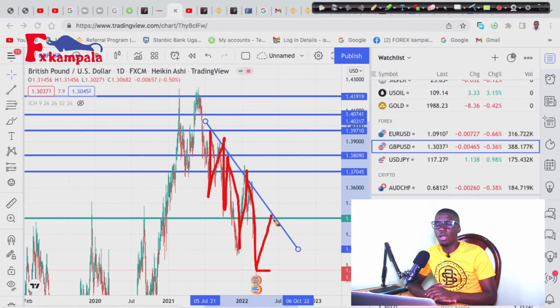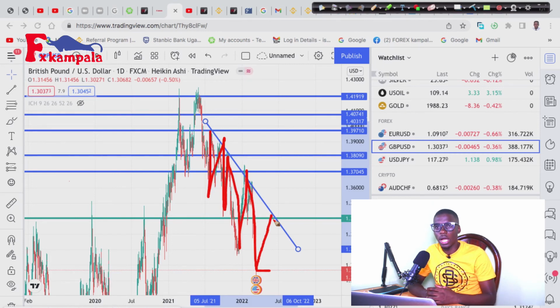It's very simple, but when you're doing this, don't forget to deploy your risk and money management when you are trading. Some people actually forget this.